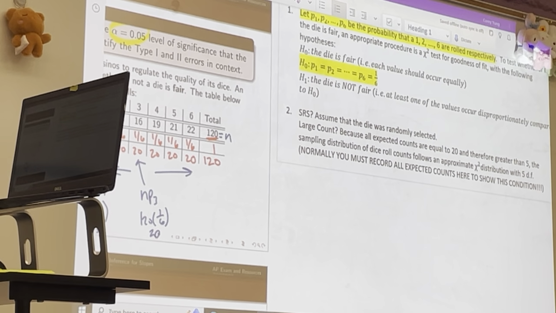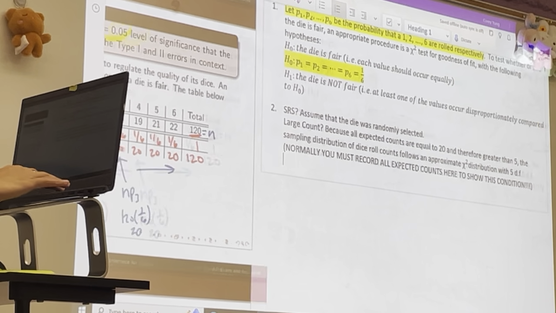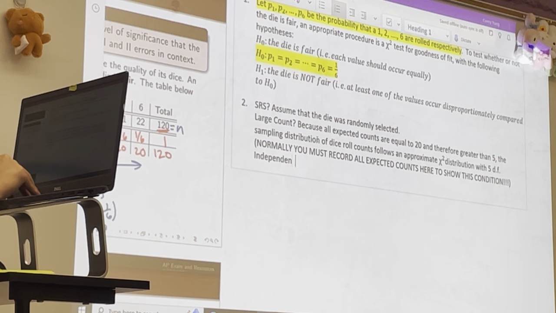Okay. So again, I already have them there, so I tried not doing that. Independence. Well, each observation is the result of a random process, right?